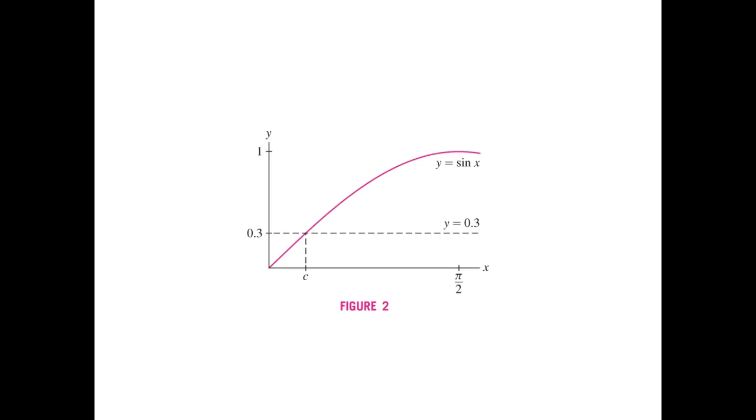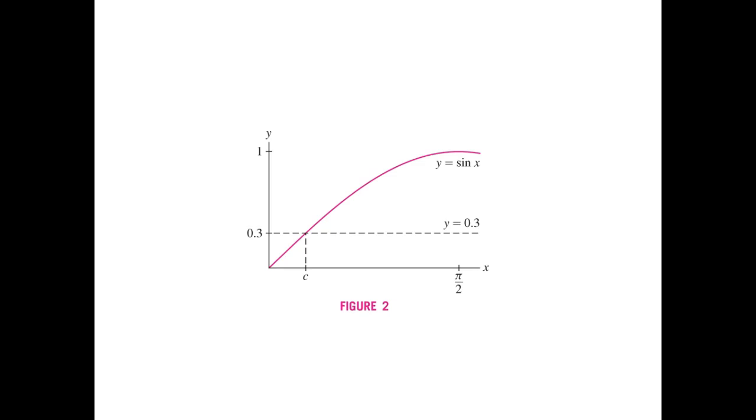They happen to choose an interval from 0 to pi halves to illustrate. It's fine. So prove that this has at least one solution. First thing you do, show that it's continuous. The sine function is continuous everywhere. We choose an interval where we expect a solution to exist.